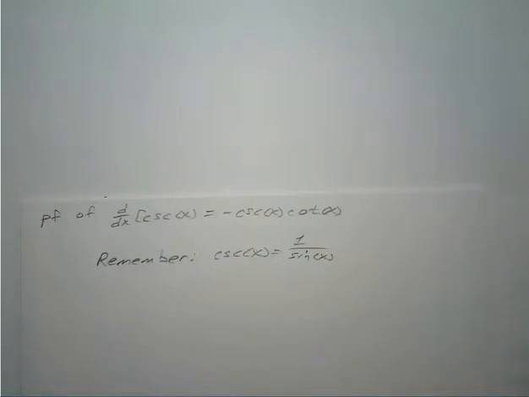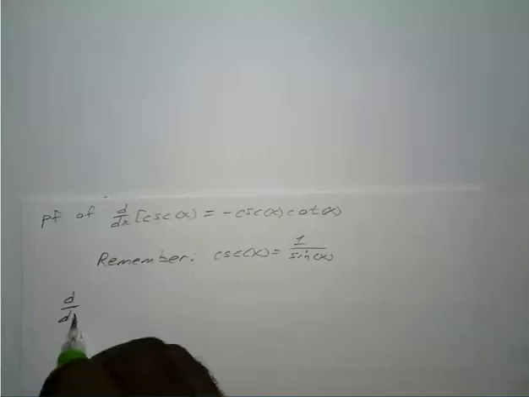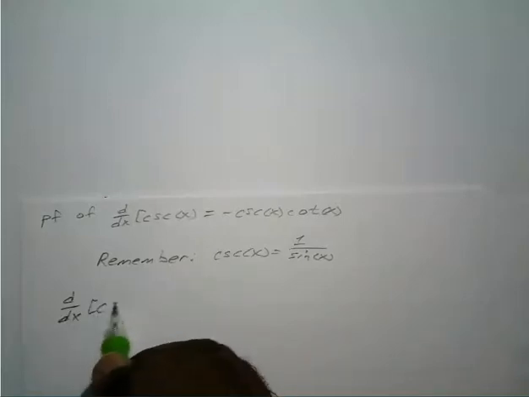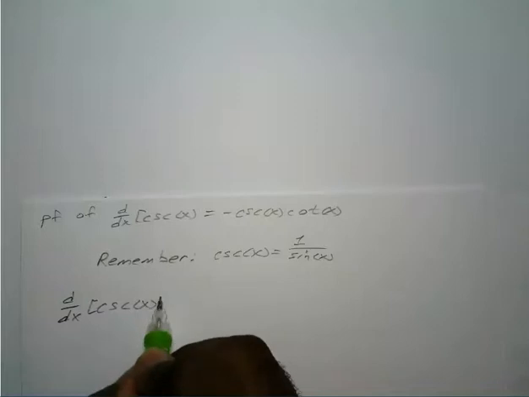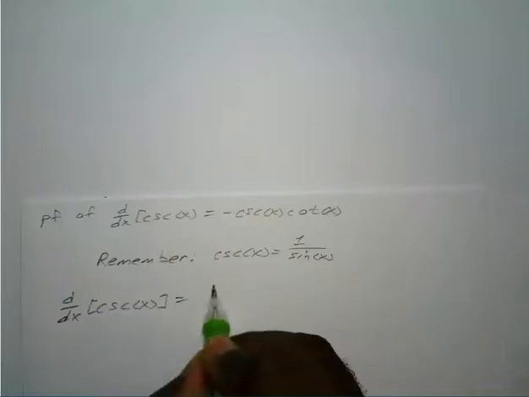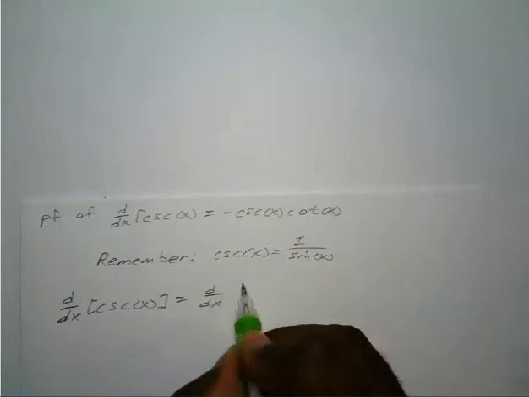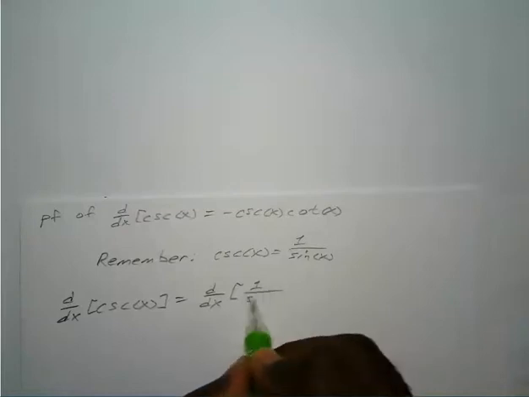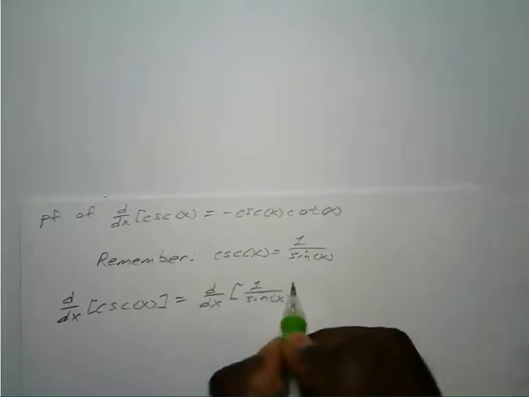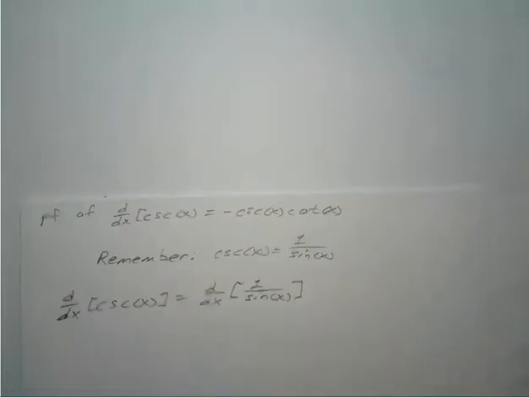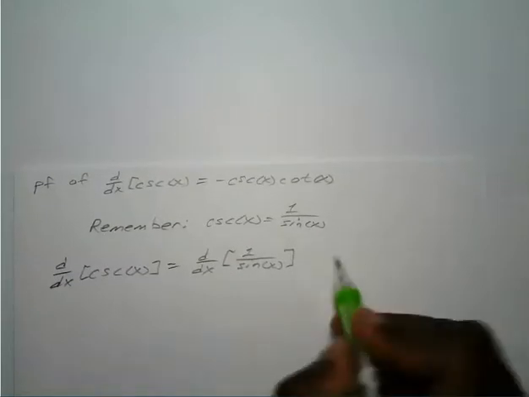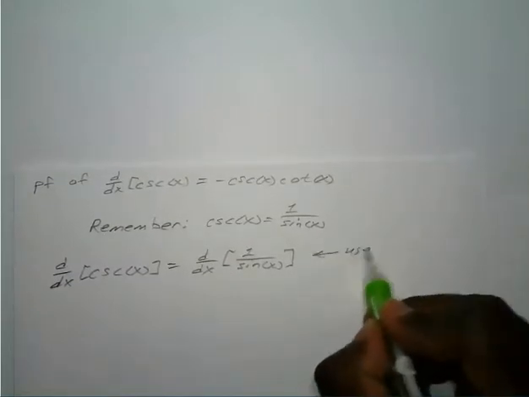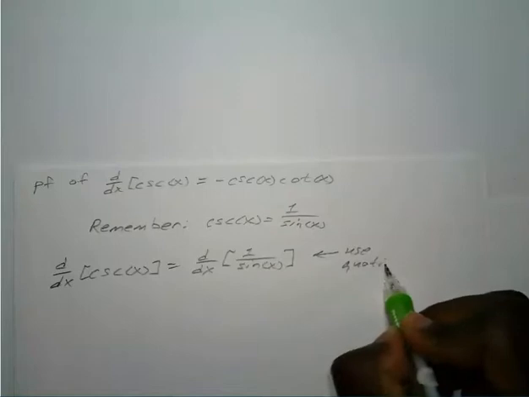All right, so just like before, you know the quotient rule is going to come into play. So the derivative of cosecant is the same as the derivative of 1 over sine of x. Okay, once again, we're going to use the quotient rule.